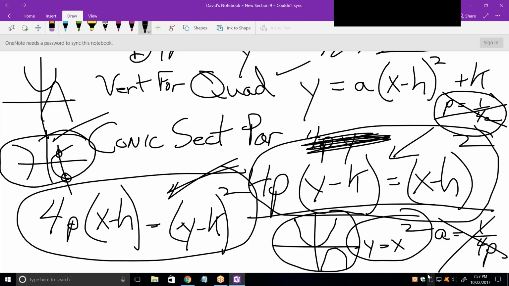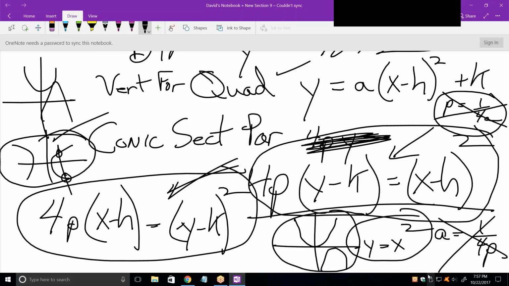But just know that now that you're into conic sections, and the only reason I know that is because you ask about focus and directrix. And those are two words that were never used when we were looking at quadratics parabolas for the very first time back in Algebra 1 and Algebra 2. You never heard the word focus or directrix.